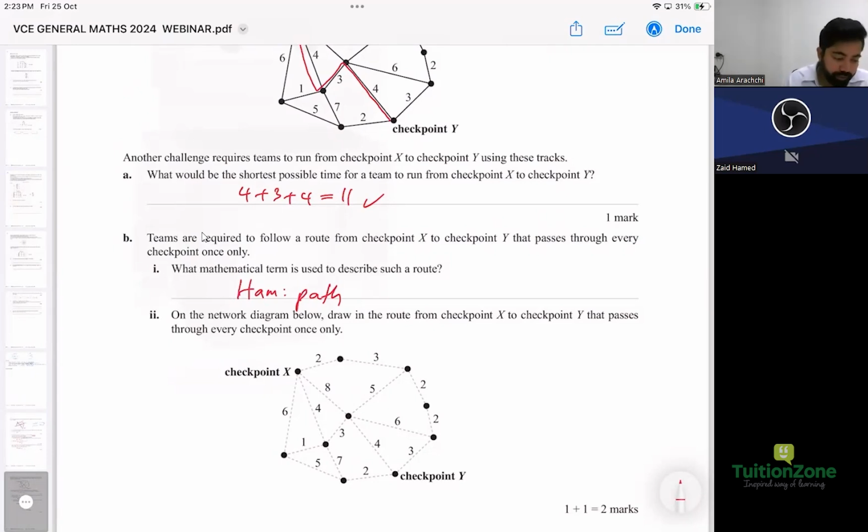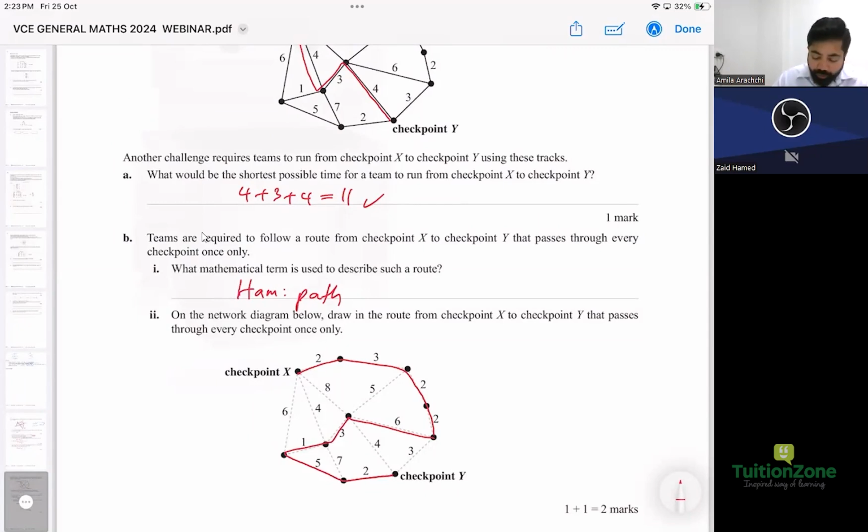So starting from X, there are probably a few ways you can think of. But once only means you can't come back again. So I might go through this path. Done.